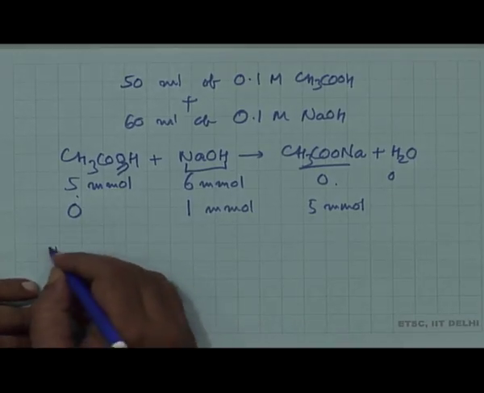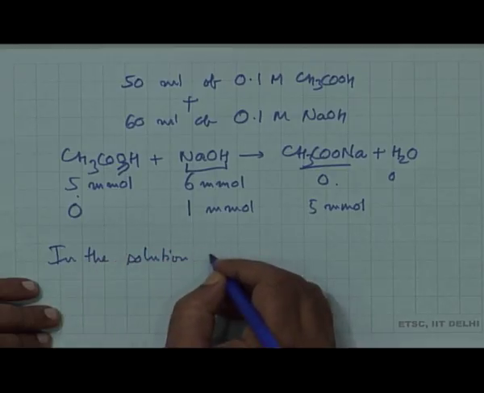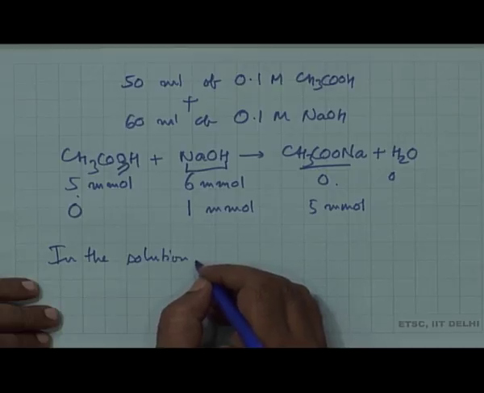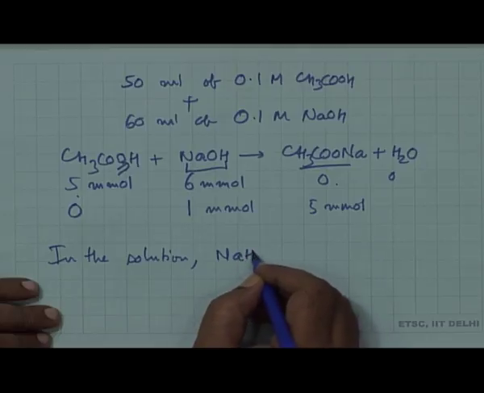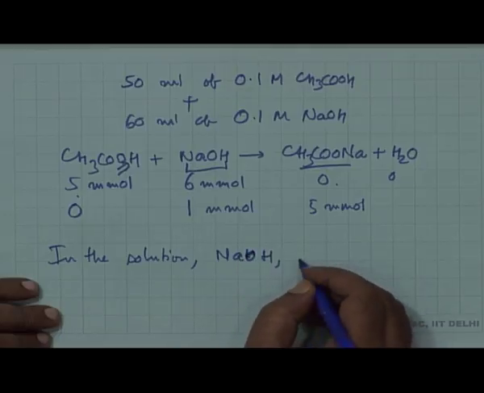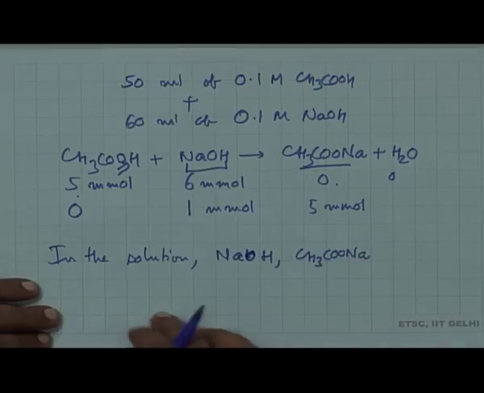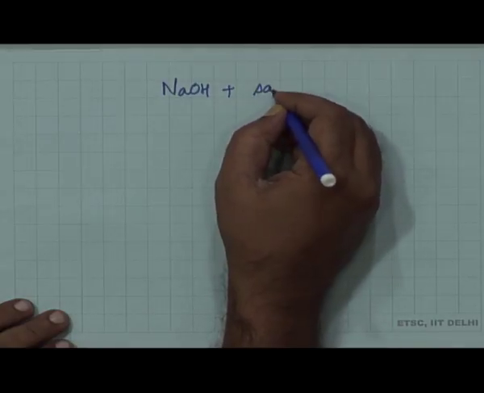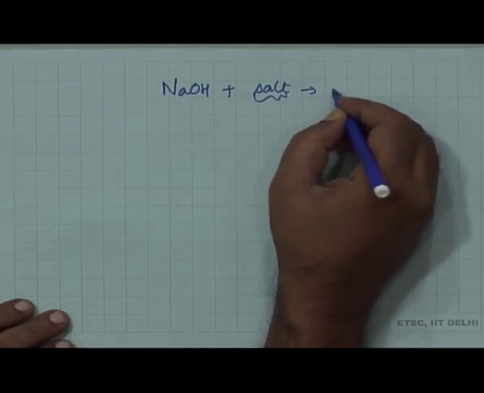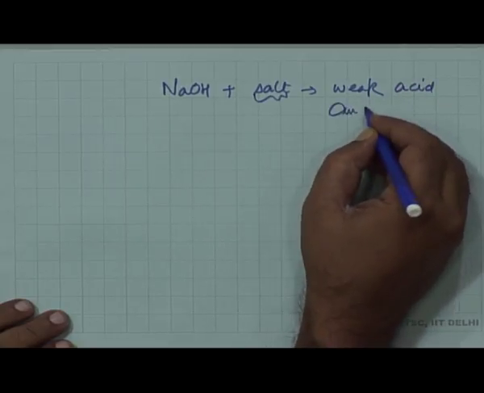Now you see in the solution we have a strong base NaOH and we have the salt CH3COONa, and this salt is of a weak acid and a strong base.